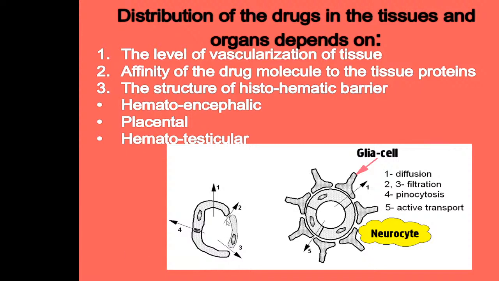In between endothelial cells there are pores, but in the brain capillary there are no pores because of very tight connection. So we understand that molecules which penetrate by the mechanism of filtration in an ordinary capillary penetrate from capillary to tissue, but in the brain they don't penetrate. Substances which are filtrated are not penetrated to brain cells.